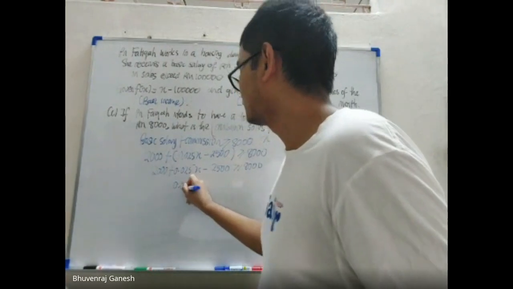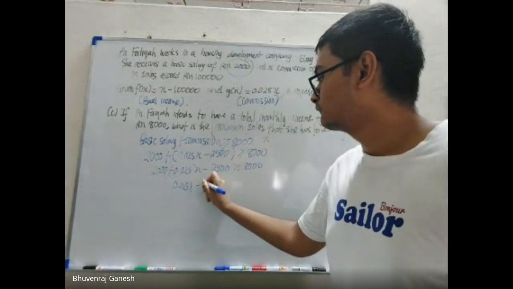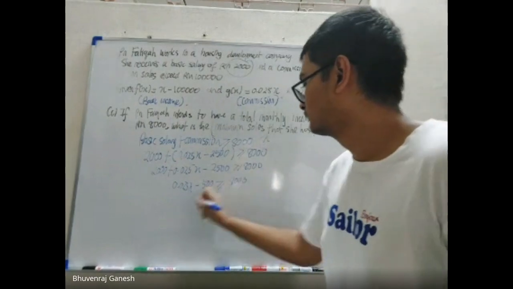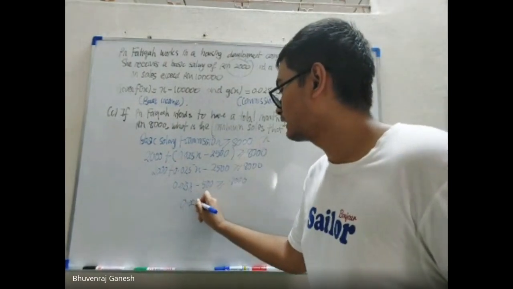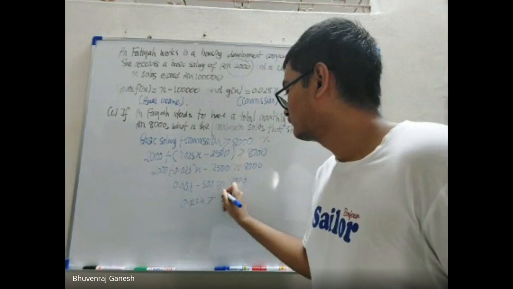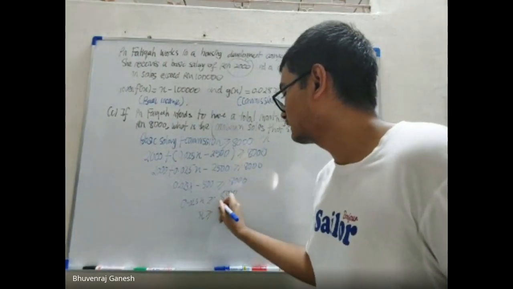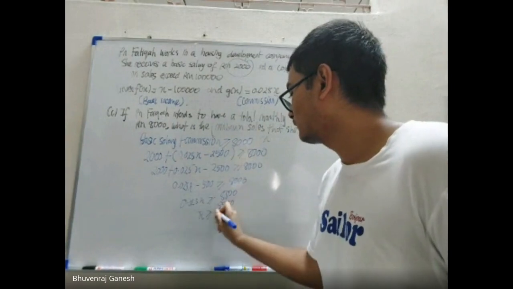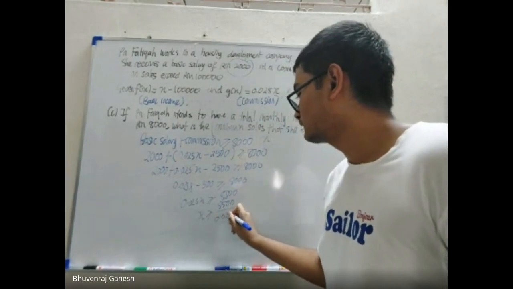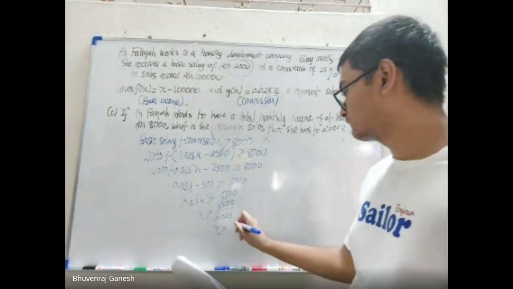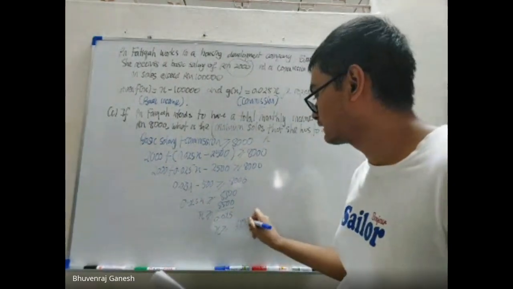So 0.025x minus 500 is greater than or equal to 8,000. So you shift the 500 the other side, 8500. So your x will be greater than or equal to 8500 over 0.025. So x greater than or equal to 340,000 exactly.